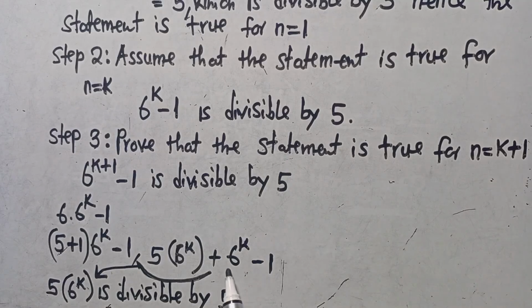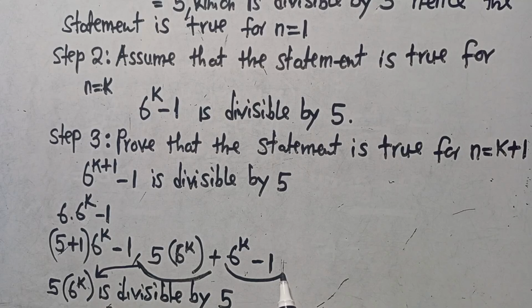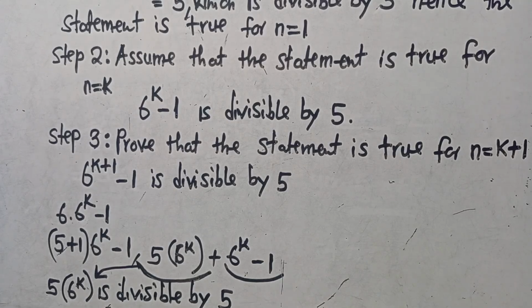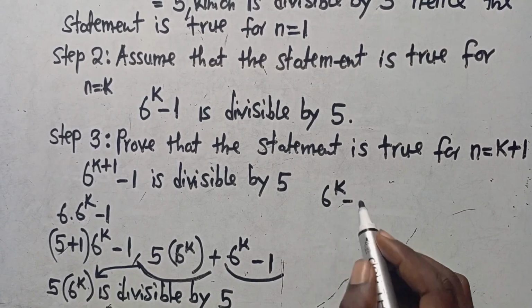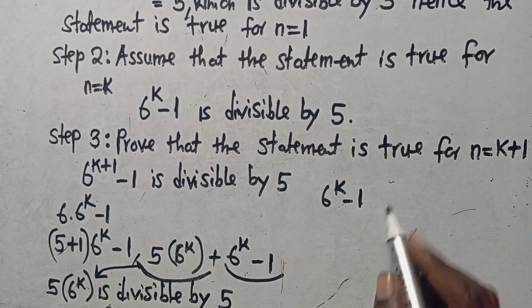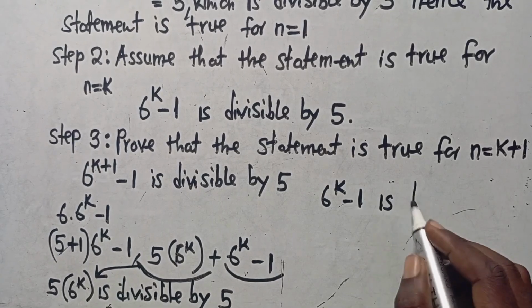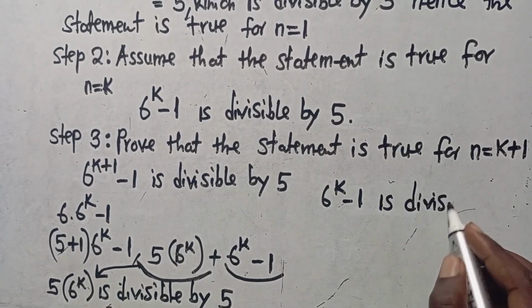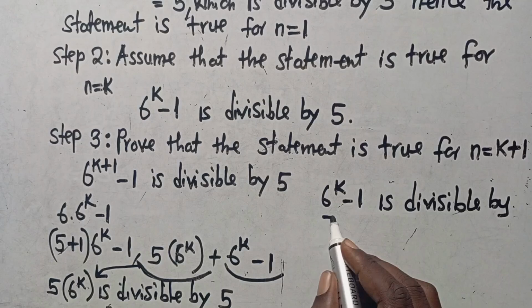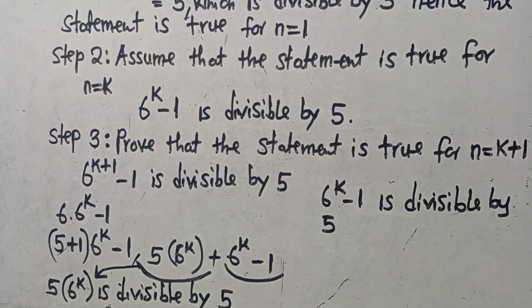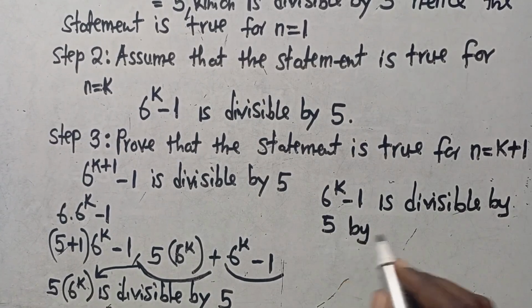Then I also have this one that is here. Have you seen this one that is here? So I'm going to say that 6^k minus 1, I get this part, this one is divisible by 5.